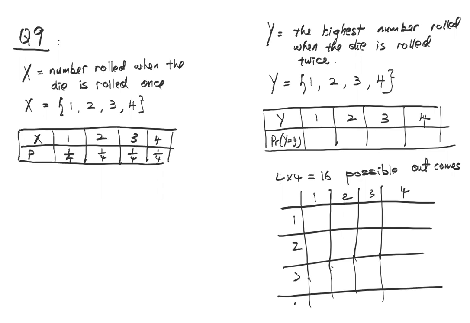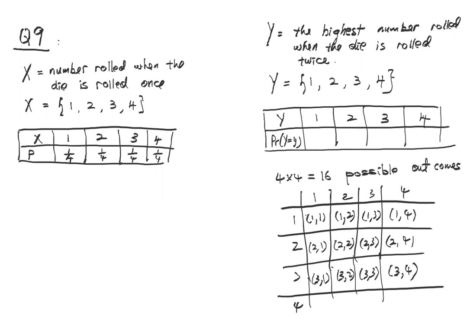I would prefer to build a table because this is 1,1; 1,2; 1,3; 1,4; 2,1; 2,2; 2,3; 2,4; 3,1; 3,2; 3,3; 3,4; 4,1; 4,2; 4,3; 4,4.